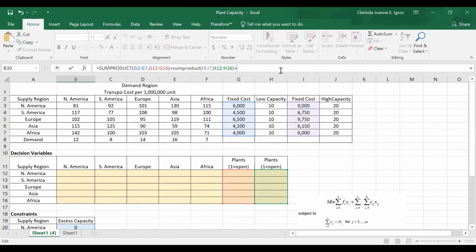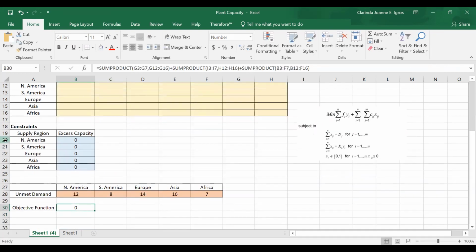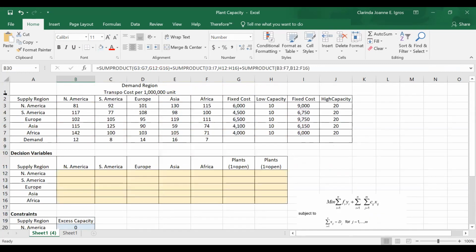Then lastly is the transportation cost of the decision variables, which is the sum product of the transportation cost for the whole demand multiplied by the decision variables for the whole supply region. So that would be our objective function.